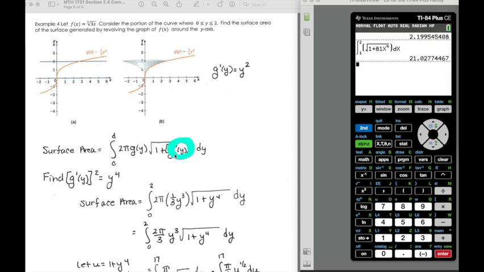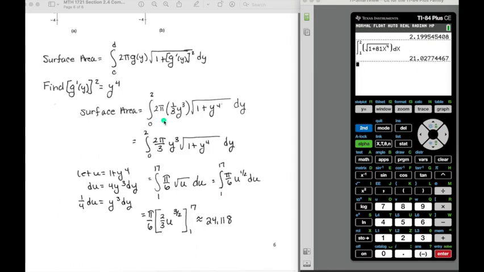I need to find my function, take the derivative, and then square it so I can put that in here. So my derivative would be y squared. And then when I square the derivative, I get y to the 4th. So that's what's going to go underneath my square root here.